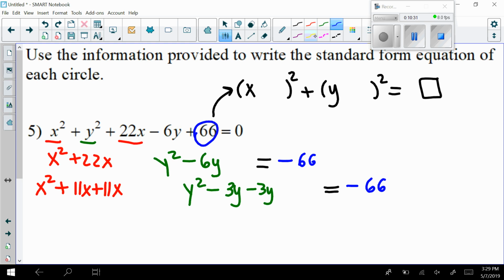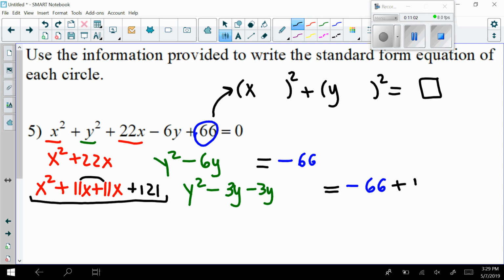Completing means we are going to figure out what to add as the end in order to have a perfect square. So we are going to remember that these two numbers multiply to the same as the outside number. So 11 times 11 is 121, right? And since my coefficient in front of x squared is 1, I know I need a 121. Now, I'm not allowed to randomly add 121.